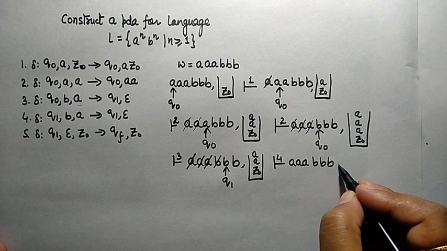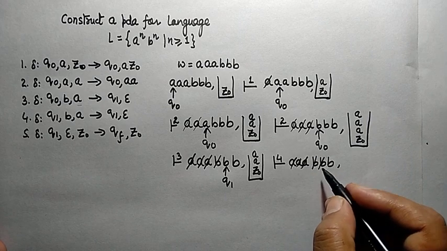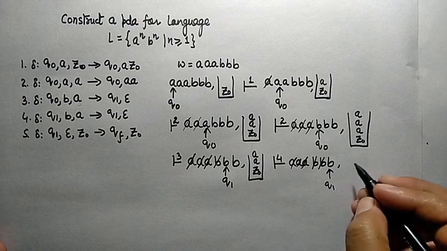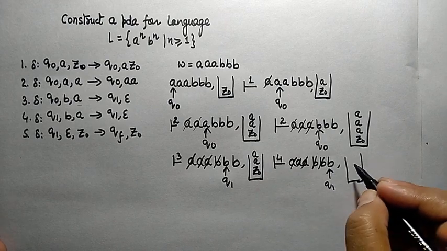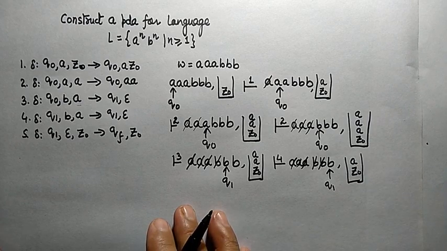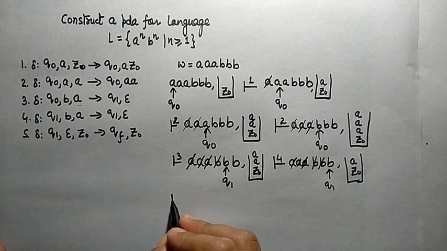So with this second B, we will pop this A. Now we will be here and our stack will contain only 1 A. Then Q1 B A, again rule number 4 will be applied.